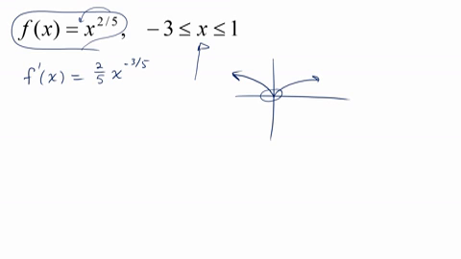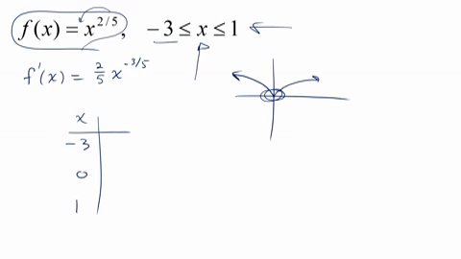So we must evaluate f at three points. We will evaluate the left endpoint, -3, the critical point, the value that makes the derivative not exist, 0, and the upper endpoint, positive 1.